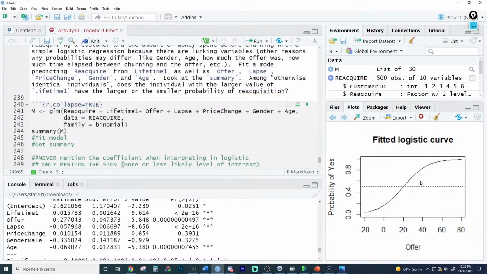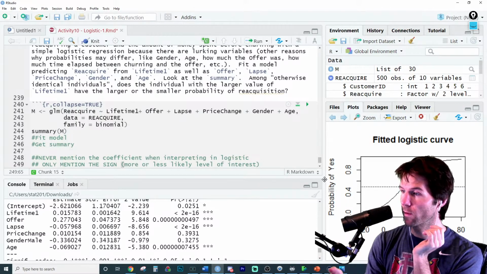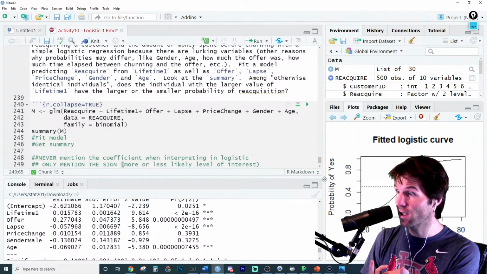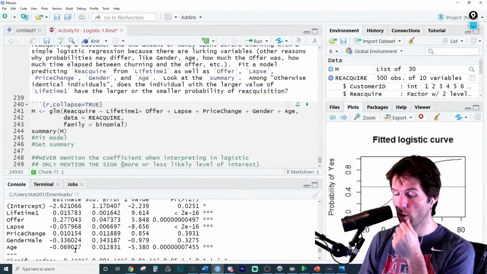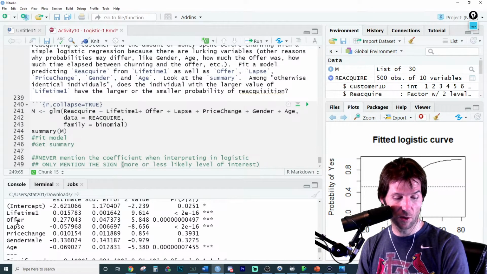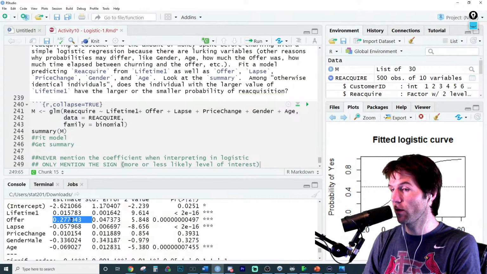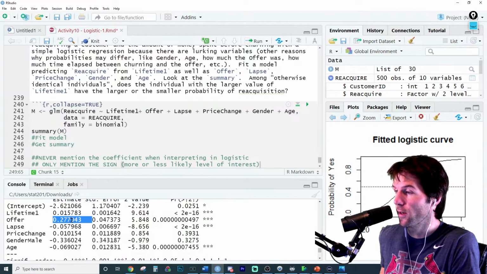More evident when we see the curve looking like this, you can't talk about 1 unit differences. You can just say something is more likely, or if it was sigmoidal down, which we haven't seen today, then you would say they're less likely if they have higher values. So between two customers who are otherwise identical, where one has a higher value of offers, the one with the higher value of offers is more likely to be reacquired.